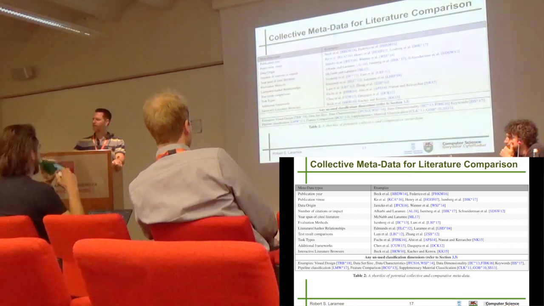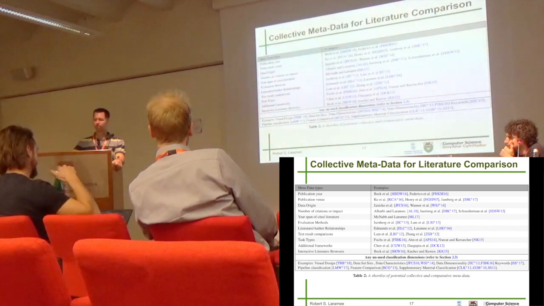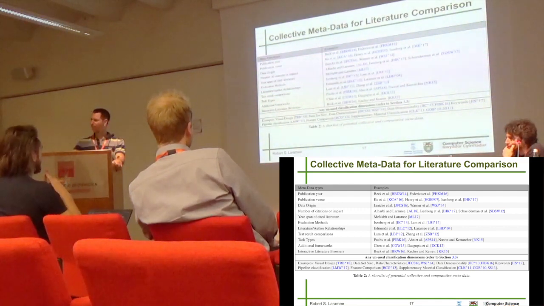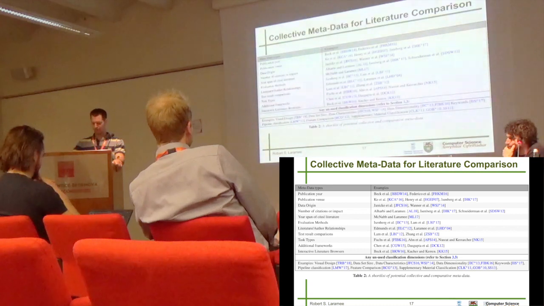Sometimes you'll see those two aspects combined in the same graph. You also find things like the origin of the data. Where does the data come from for each paper? That can be used as a basis of comparison or metadata collection. The impact and citations is very common to compare papers that way.